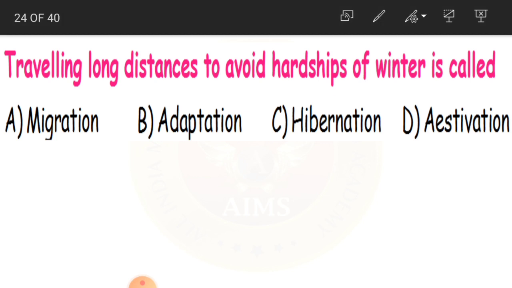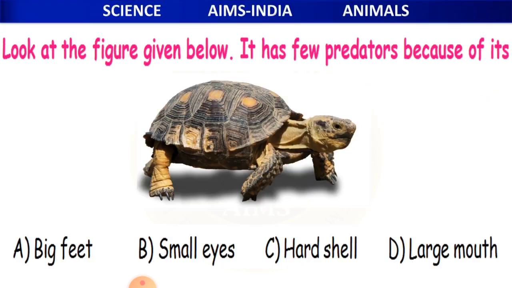That is migration. Okay, children, the A option, migration. And adaptation is living according to the surroundings. Hibernation is the winter sleep and estivation is the summer sleep. So migration is the correct answer, where they move from one place to another place.